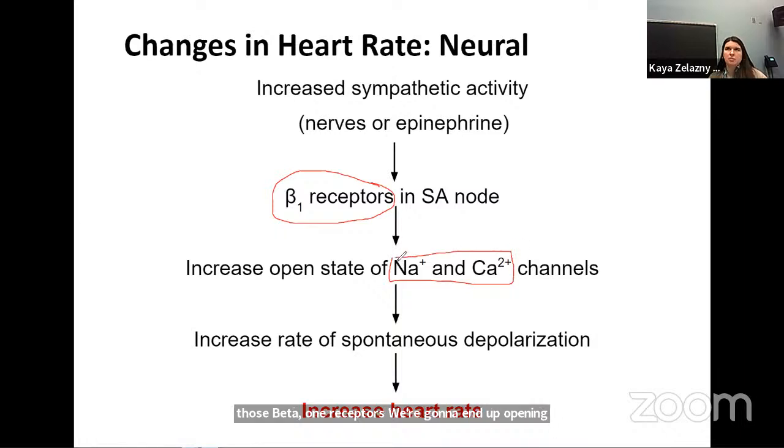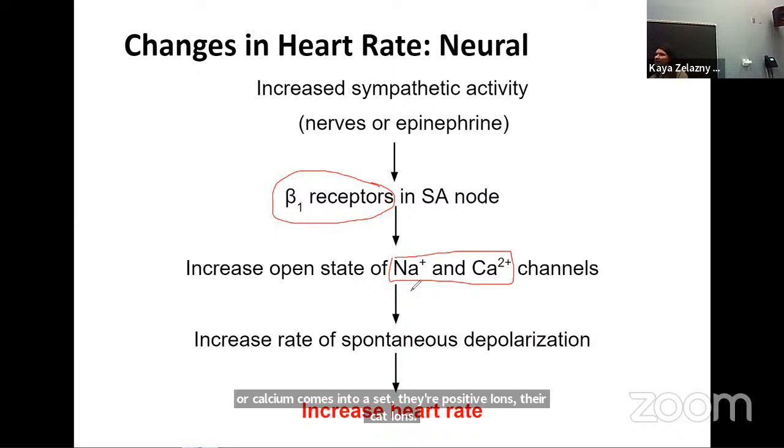So ultimately, we have more sodium and calcium channels open. Both sodium and calcium want to come into cells in the normal conditions of your body. So they have that electrochemical driving force that drives them inward, coming into your cell. When sodium or calcium comes into a cell, they're positive ions, they're cations, okay? So this means that they depolarize the cell.